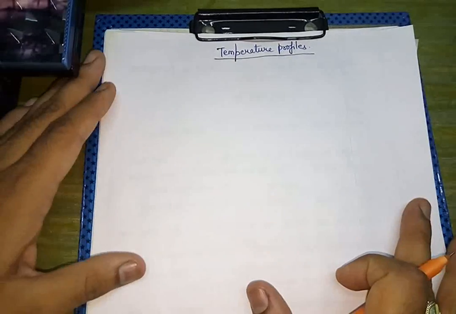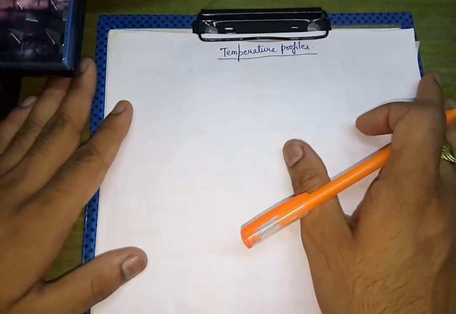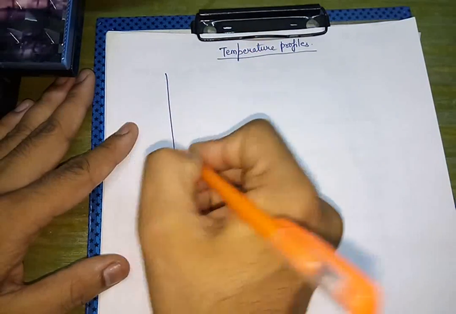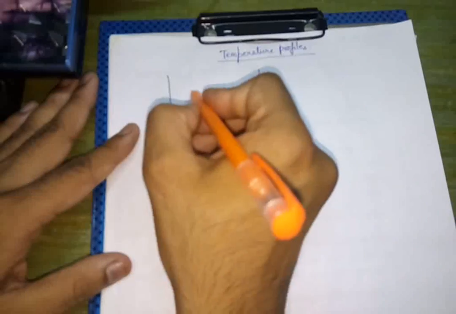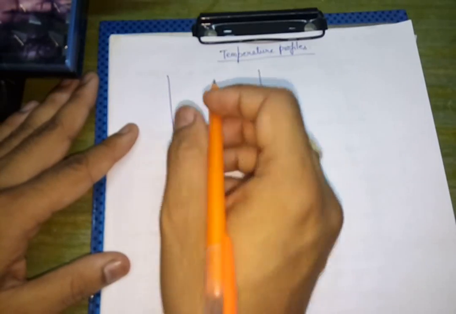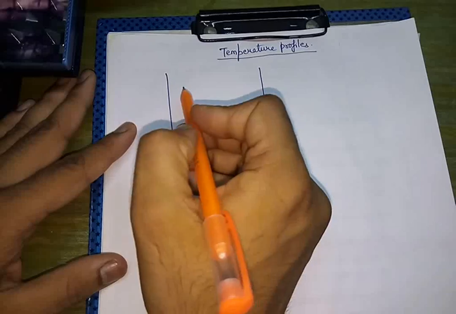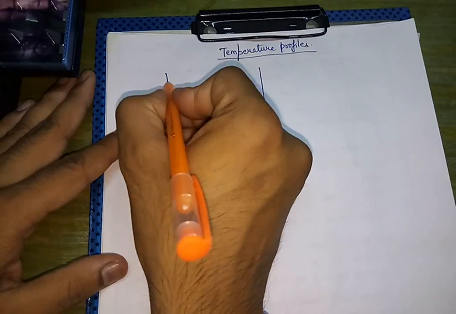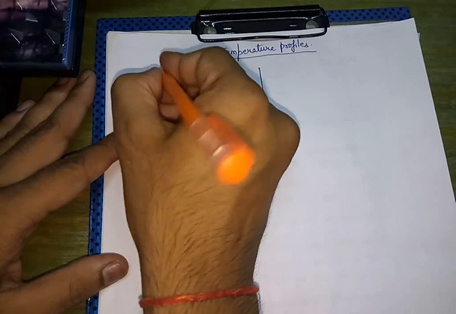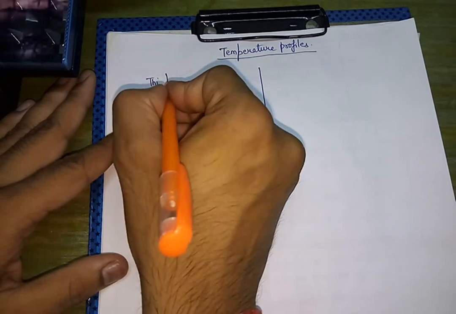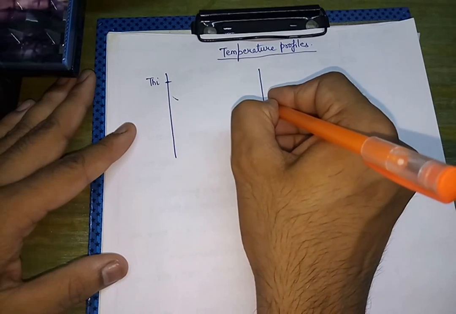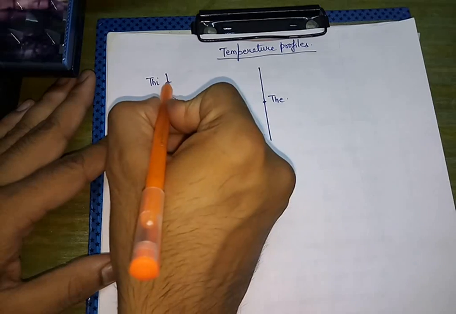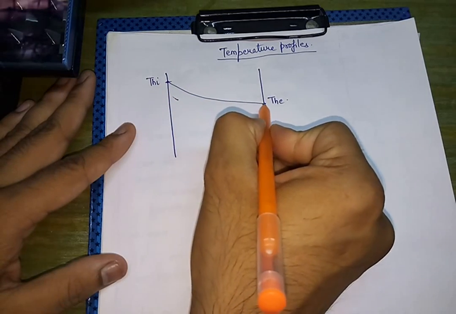Now if we try to draw the temperature profiles of the parallel heat exchanger, counter heat exchanger, then what will be observed? For example, now we know that the temperature of the hot fluid will keep on decreasing, and the temperature of the cold fluid will keep on increasing. So if we start from Thi, that is the inlet temperature of the hot fluid, and here at some point we will have Th exit, that is the exit temperature of the hot fluid, it would be like this.